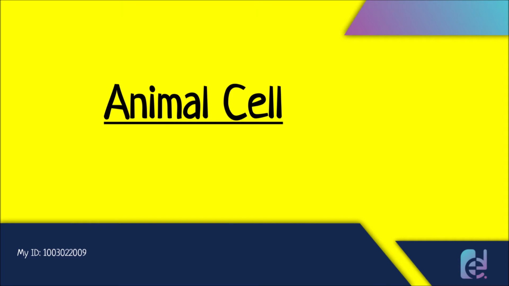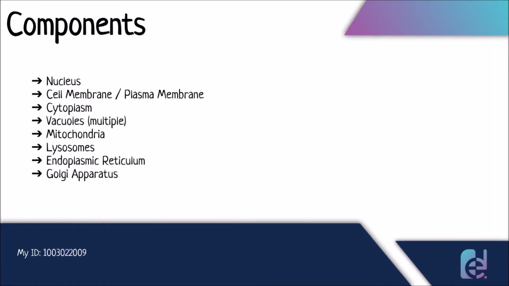So first up, we'll take a look at the animal cell. These are the components of an animal cell. If by any chance you're not familiar with any of these cell organelles, I highly recommend watching the previous lecture, lesson number 3, to get to know about each of their functions.